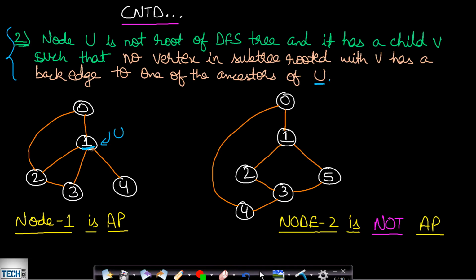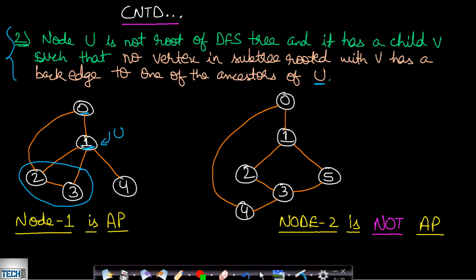So how does this happen? Actually, if we are at this node 1, then let's say we are seeing this subgraph. Now from this subgraph you can see that there is an edge from 2 pointing to this node 0, which is an ancestor of 1. By ancestor I mean it also includes the parent of 1. So there is a back edge to an ancestor of this node 1.